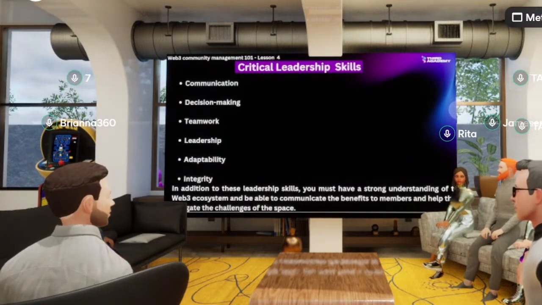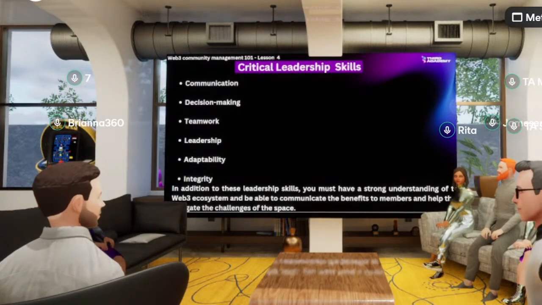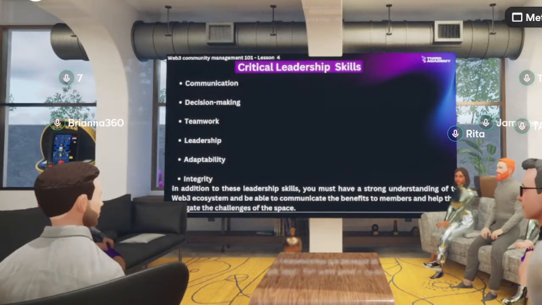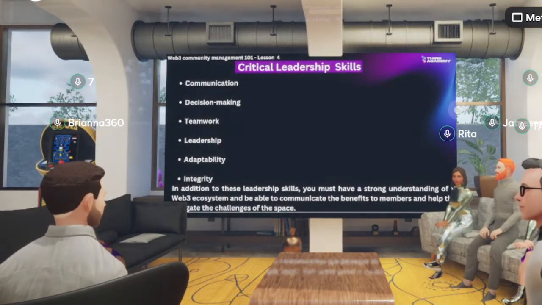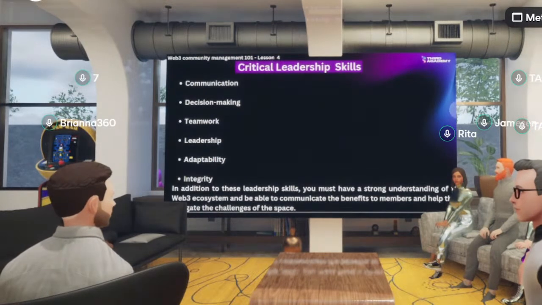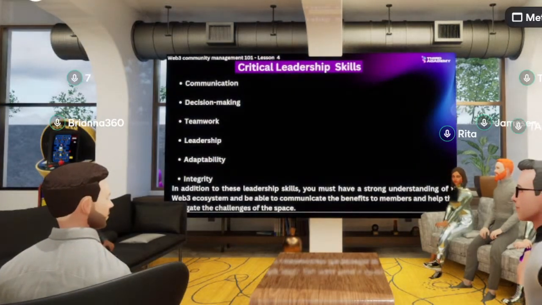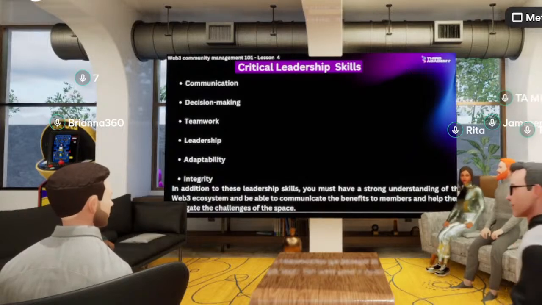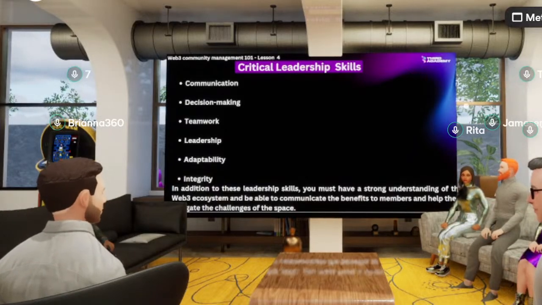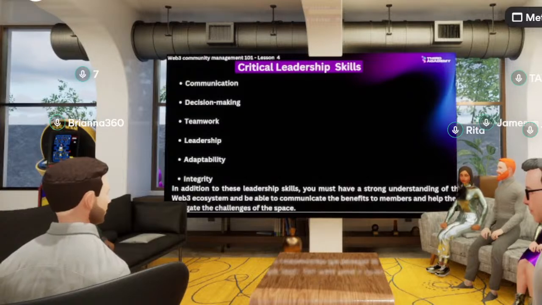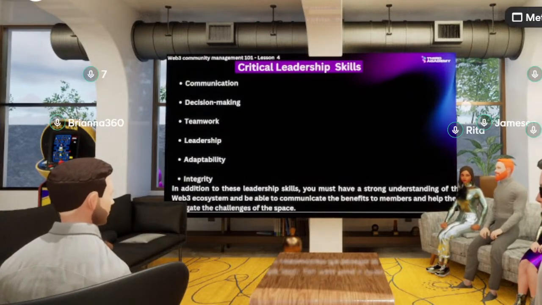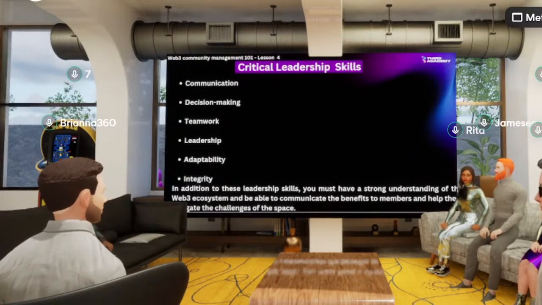And then we talk about leadership, and then adaptability. The Web3 space is constantly evolving, and you need to be able to adapt to the conditions that are available for your community at that point in time, and be willing to change strategies, because most of the strategies that used to work in building communities have evolved into newer ways that we used to bring people together.